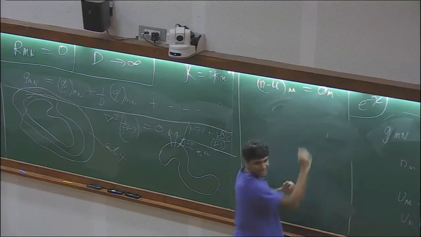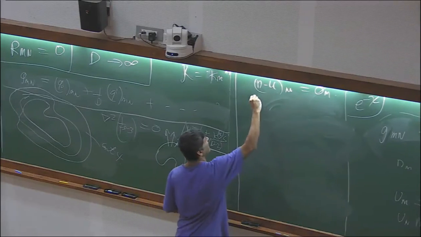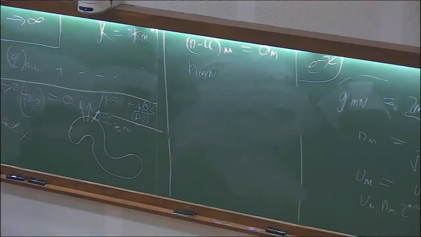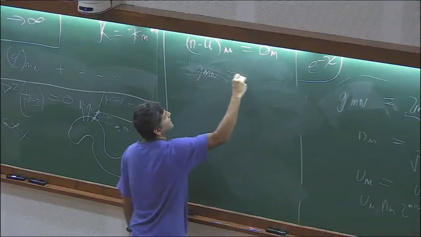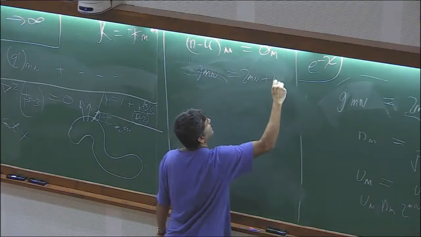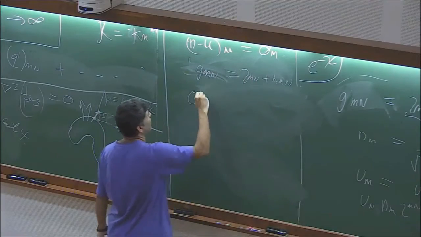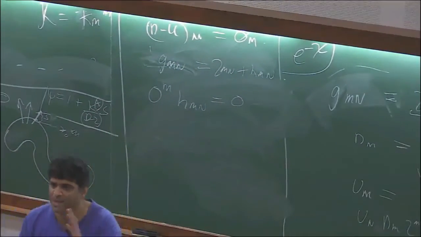It's called OM. It's the null vector. And our choice of gauge is that HMN, the correction of the metric away from eta. So we write GMN is equal to eta mn plus HMN. And we make a coordinate choice so that OM HMN is equal to 0, all contractions being done with the metric eta.